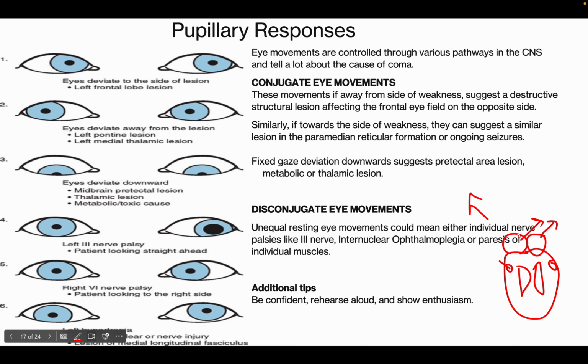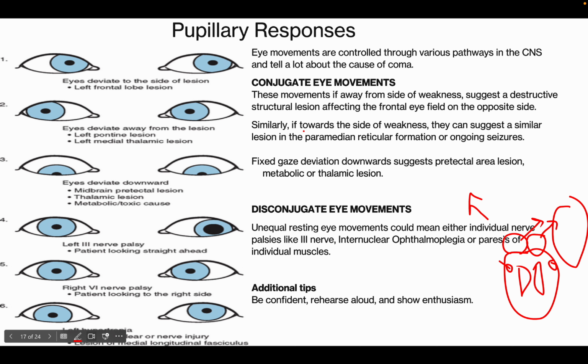Just to make it clearer, this frontal eye field, when it is blown, will cause weakness on the right side, and then the opposite frontal eye field, which is in action, will cause these eyes to move in the opposite direction, which is opposite to the side of the weakness. Okay, so that's how the frontal eye fields work.